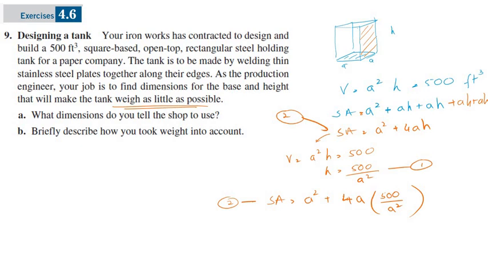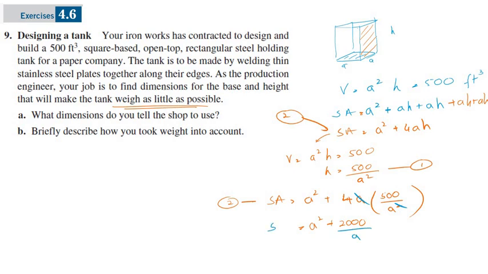So we can simplify this further as A squared plus 2000, because 500 times 4 is 2000, and we can get rid of one of these A's, so we have A.